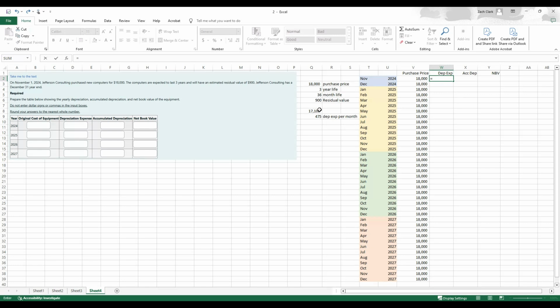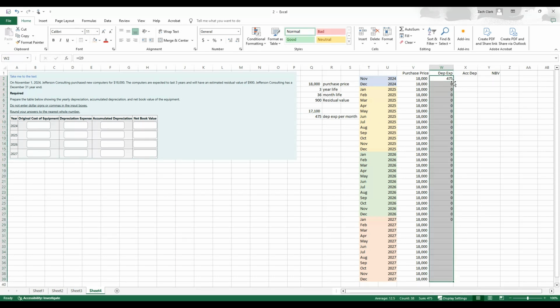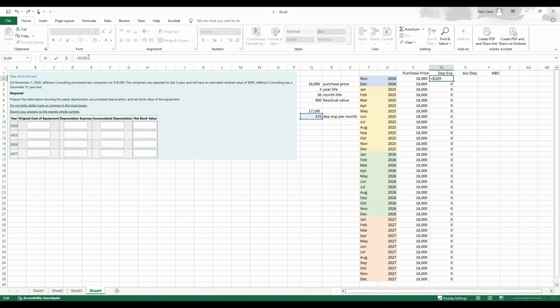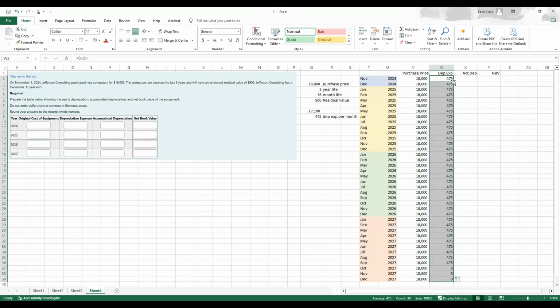But either way, it does essentially the same thing. So again, remember we calculated that it's $475 per month of depreciation expense. That is always the same every month. We want my formula to pull that same number every month. Okay, so that's always the same.